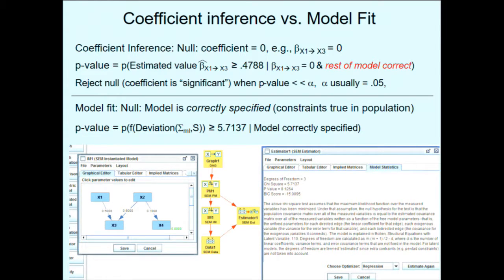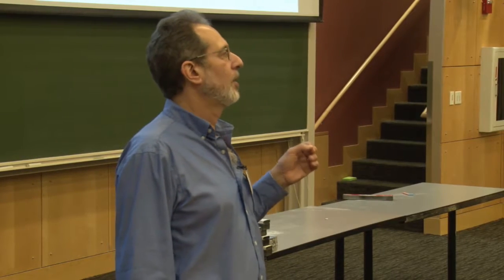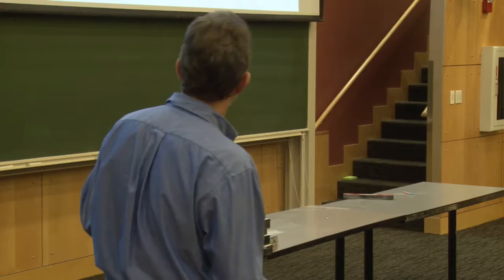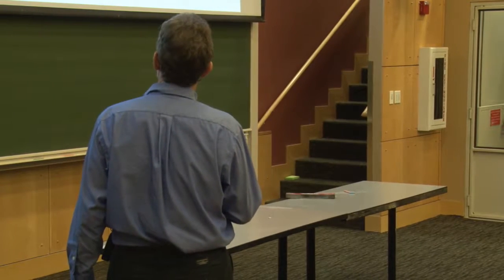The model fit, the null hypothesis is the model is correctly specified. What that ends up meaning, what in turn really matters, is that the constraints that the model entails to hold in the population are all actually true in the population. And I'll get more to that in a minute. So what does that translate to?